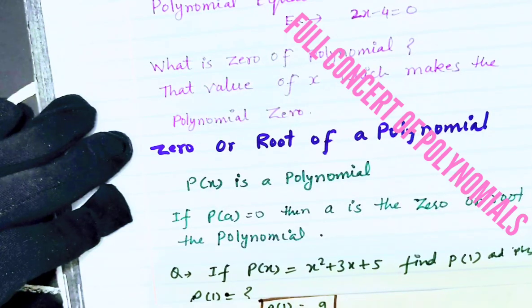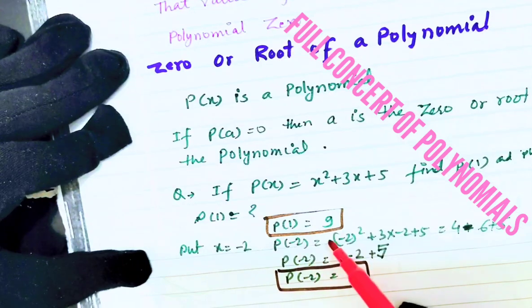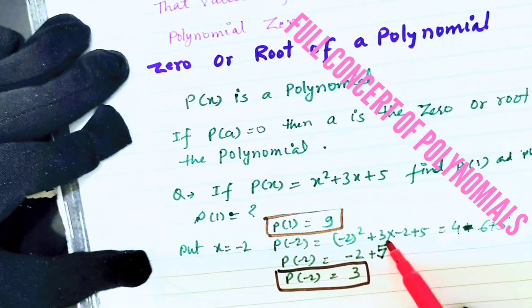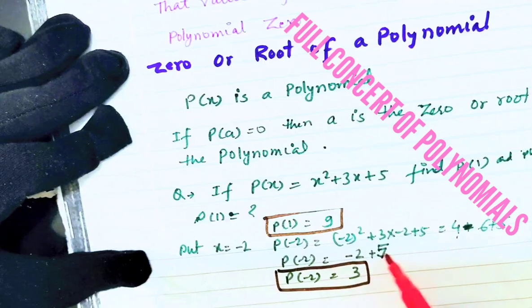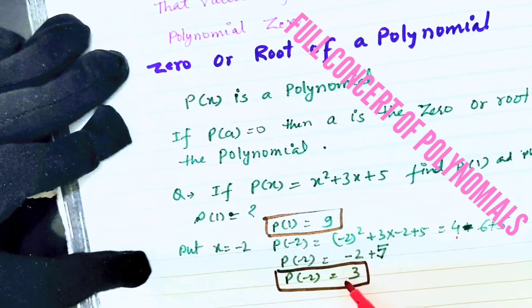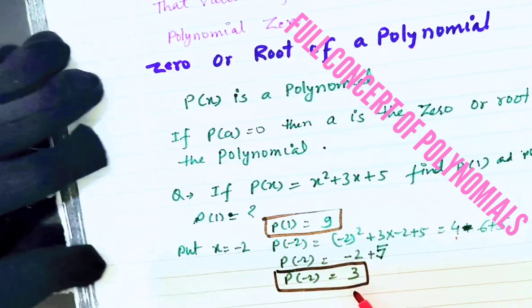If I put x equal to minus 2 here, it is minus 2 square plus 3 into minus 2 plus 5. Minus 2 square equal to 4, 3 into minus 2 is minus 6, plus 5. 4 minus 6 is minus 2, plus 5 is 3. P(minus 2) equal to 3. So guys, the values of the polynomial will be 9 and 3.